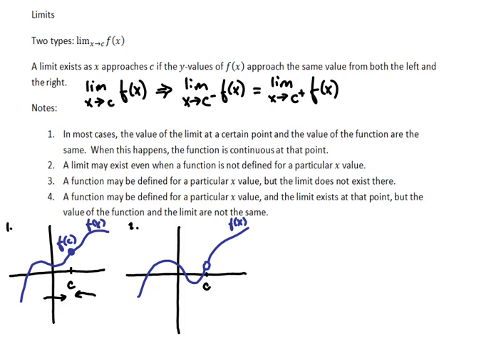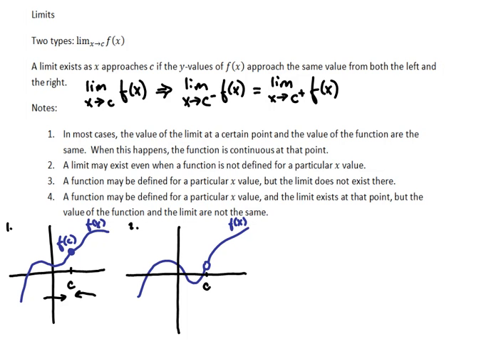And even though the function is not defined at that value, we would say that the value of the limit is equal to whatever the value is that it's approaching at that point. So in that case, the function is not defined at that point, but the limit does exist because the function appears to be headed for the same value from both the left and the right for that x value.